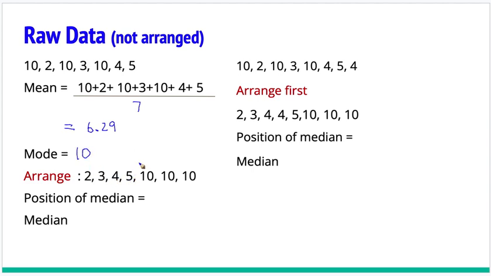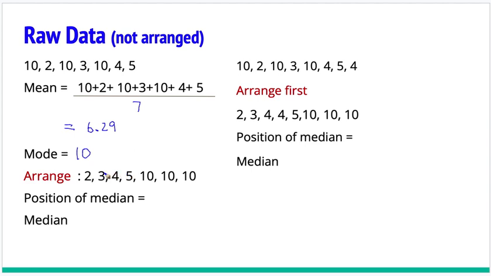Now, to find the median, we must first arrange the data. So from the smallest to the biggest, we have 2, 3, 4, 5, 10, 10, 10. We must first determine the position of the median.